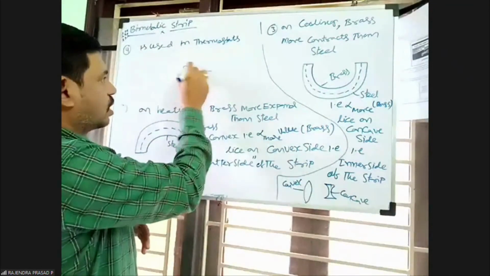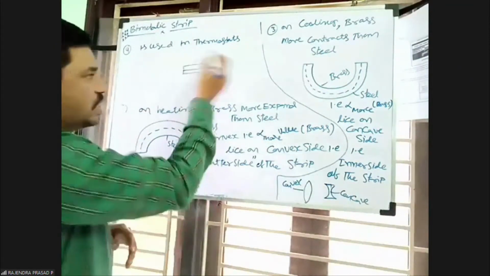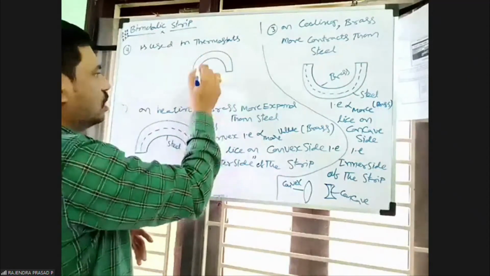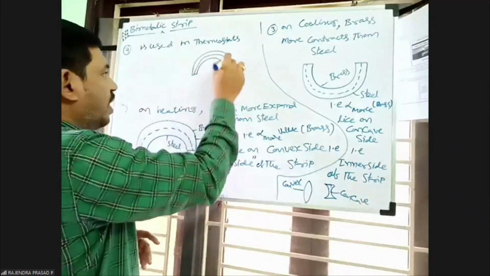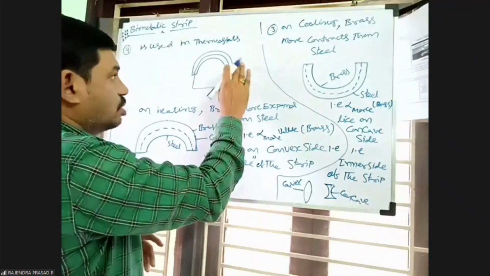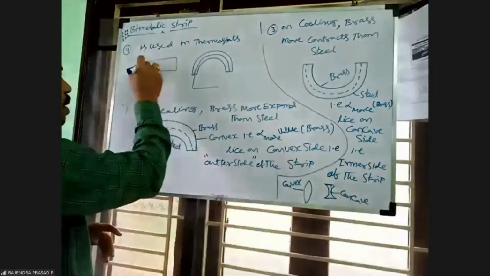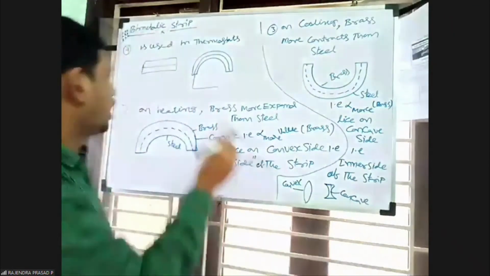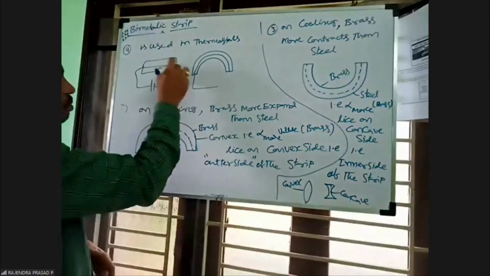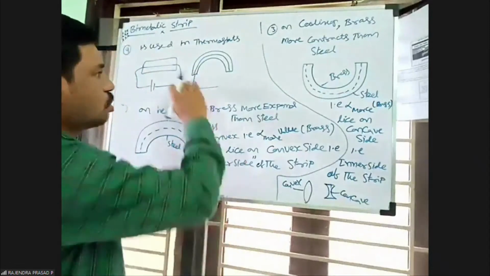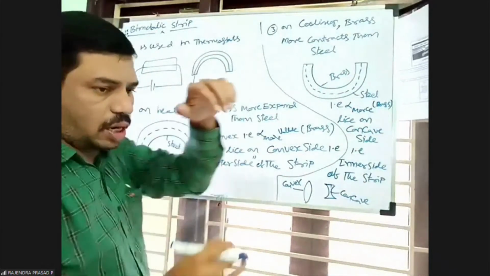When it is heated, it bends into this shape. Initially it is connected, for example, to one battery. When it is heated, it bends in the form of a semicircle.